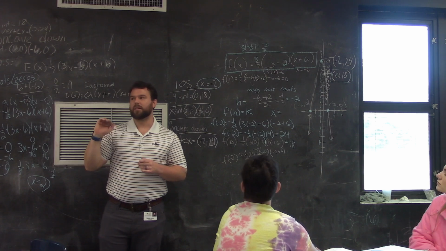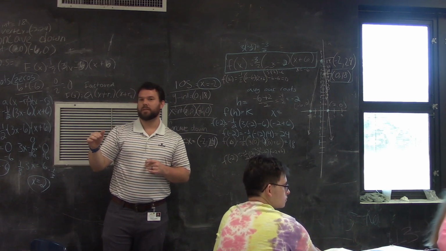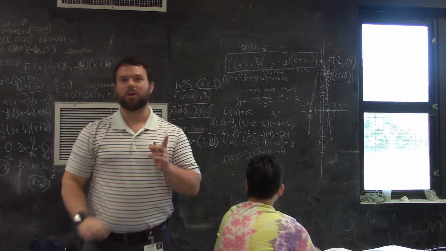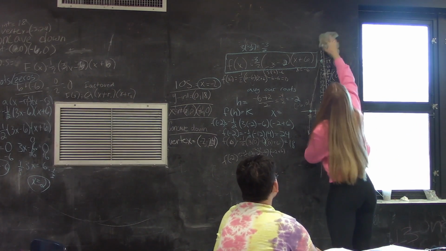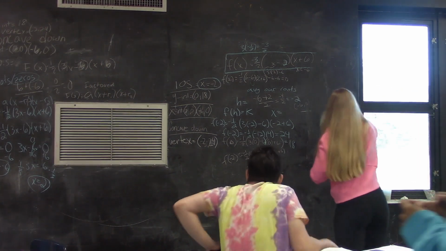All right, y'all ready for your next problem? We're going to extend this a little bit. We're no longer going to do factored form, which means you're going to have to take the information you have to help you find a couple of different features this time around.